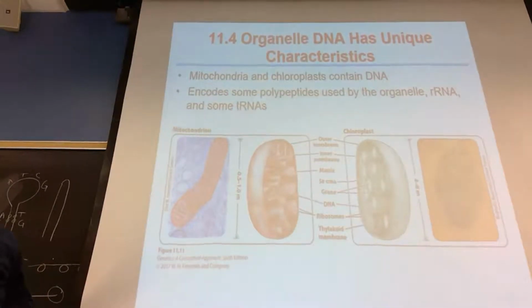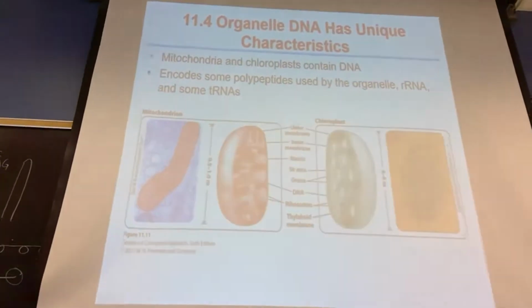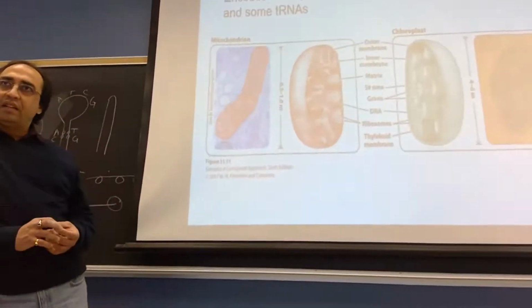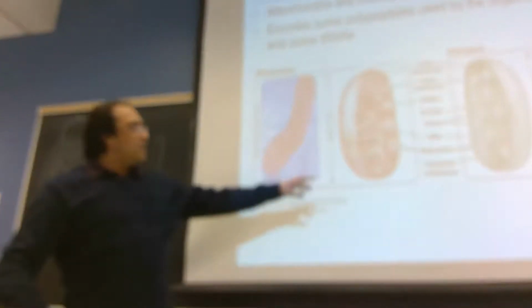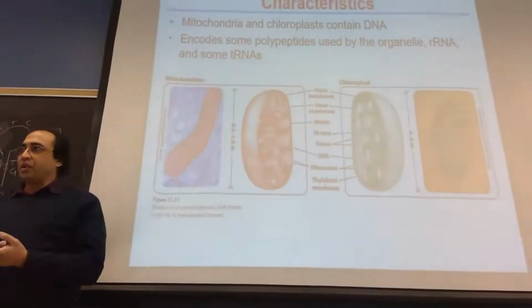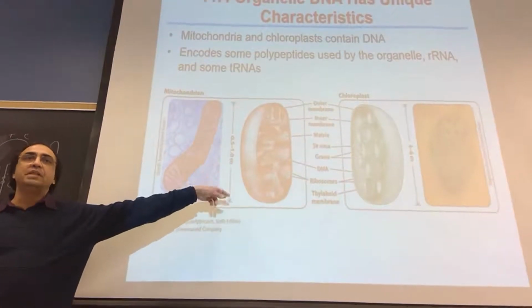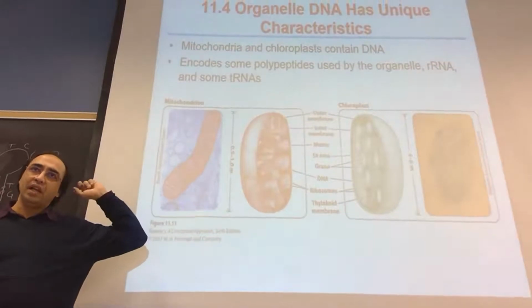So if the ribosome is there, that means there is a chance of protein synthesis. If DNA is there, that means there is a chance of formation of mRNA, and from mRNA, ribosomes can create proteins. In these two organelles, ribosomes are there, DNA is there, and they can synthesize proteins by themselves. For their own requirement, they don't need the nuclear DNA.